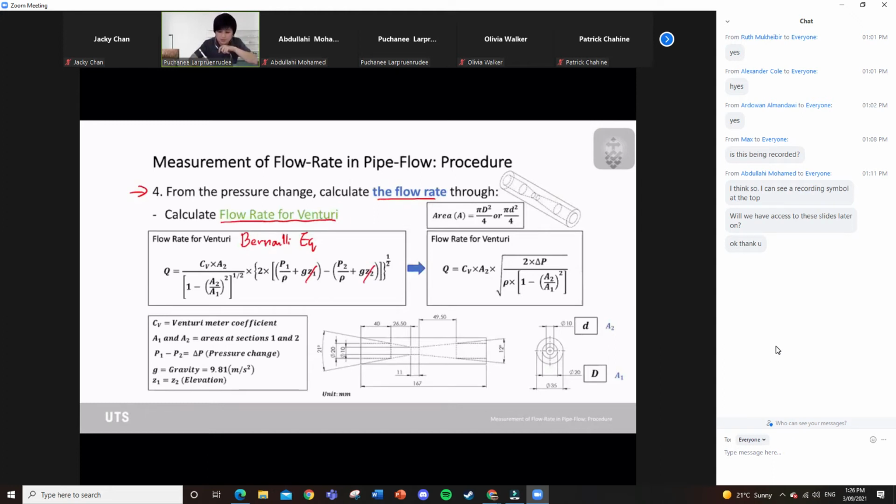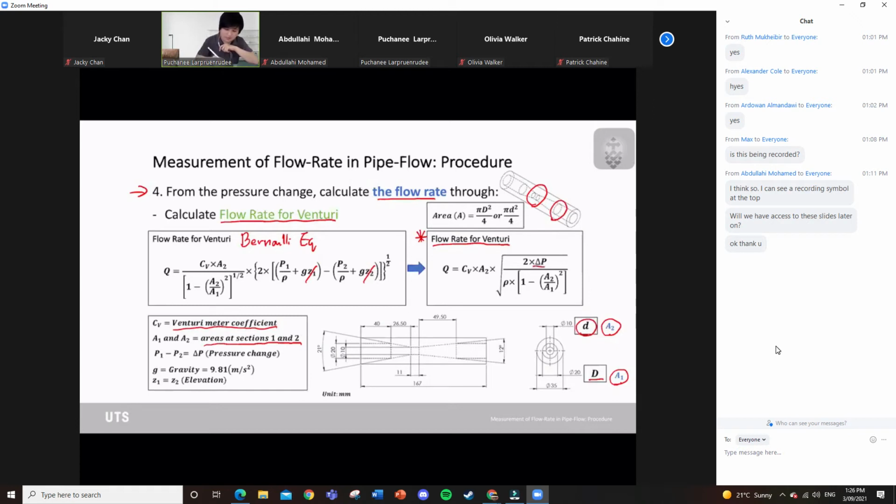So here is the final term for the flow rate for venturi. CV, venturimeter coefficient, we get it from the graph. A1 and A2, area at section 1 and 2. Here A2 comes from the small section, this area, from D. And A1 is from capital D or the larger section here.